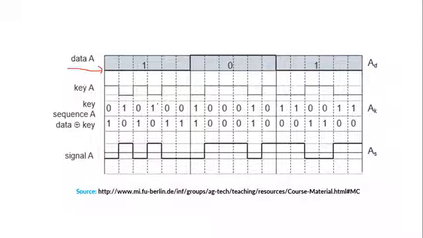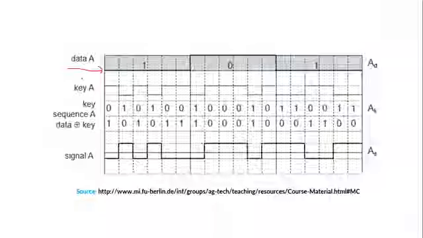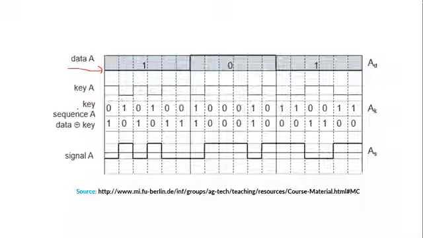Right? So first what should we do? The data will be XORed with the key. In the previous case we changed 0 to -1 and 1 to +1, but here we are not doing that. Here in the timing diagram, let us see how it works. Here we are directly XORing the data and the key.